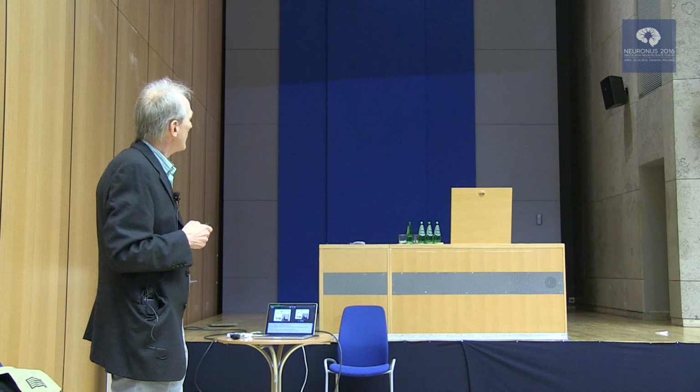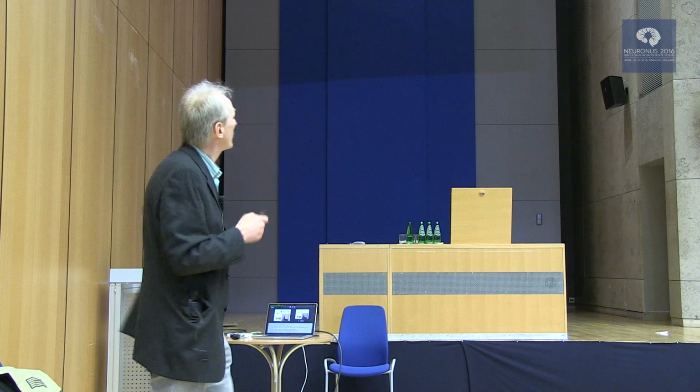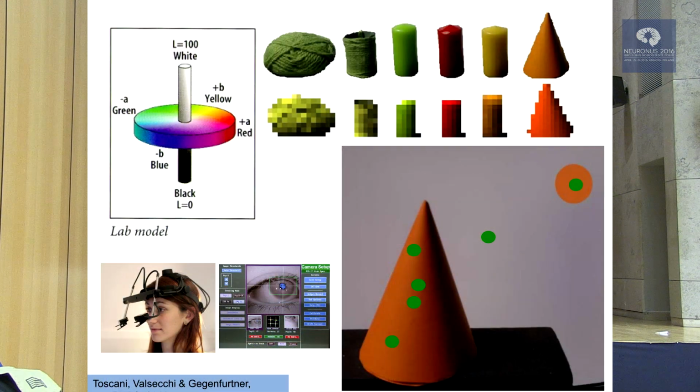And we did a very simple experiment to look at how people sample information for lightness judgment. We just took a bunch of objects that happened to sit around in the lab and put them on a table that was covered with a black felt. And the observer had to adjust this patch of light here on a monitor behind the object so that it would match the object that was presented here.